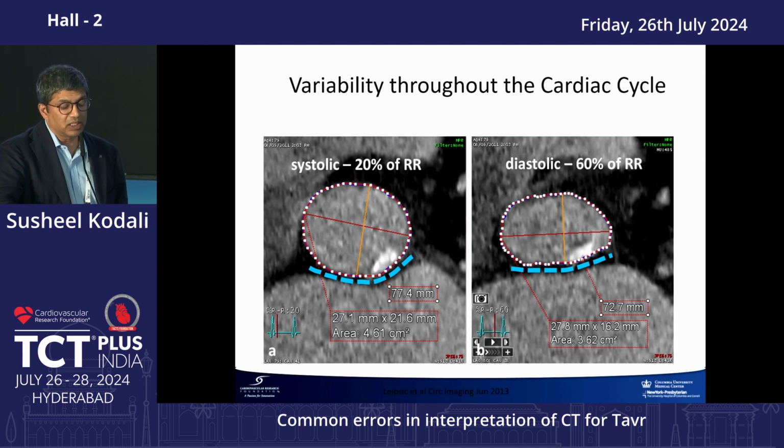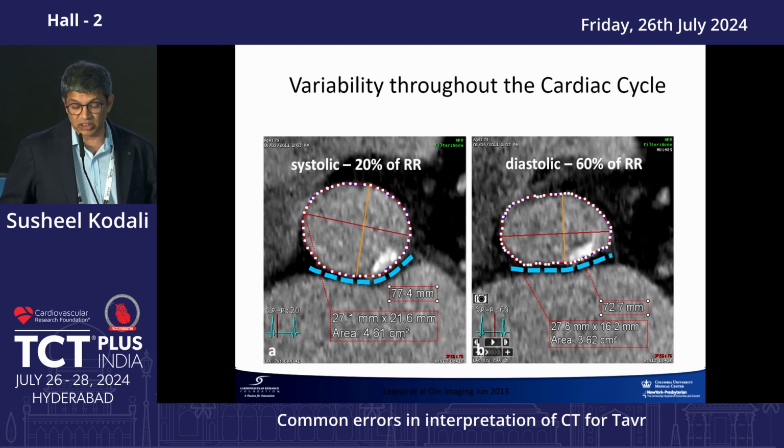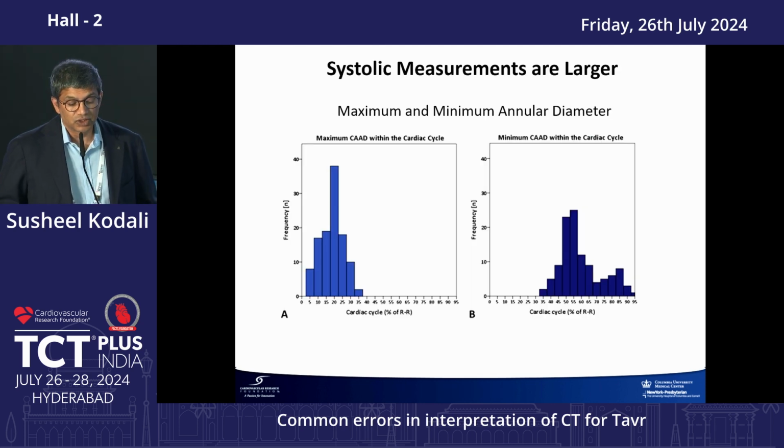In general, diastolic measurements are about 10% smaller than systolic. So especially if you're in borderline sizing, say you're doing a SAPIEN and you're getting 420 in diastole, it may be 450 in systole, and that's a different valve size, potentially.